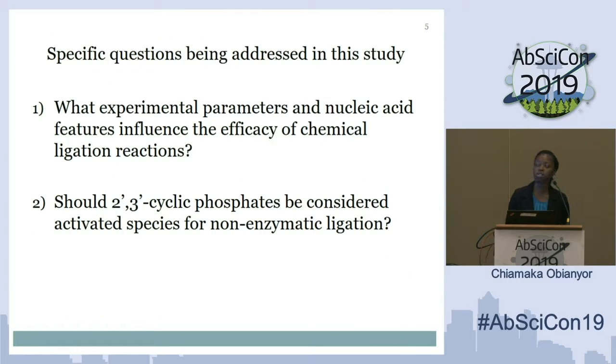This brings us to the two questions we're trying to answer in this study. The first one is, what parameters affect the efficacy of chemical ligation? And the second one is, how does your 2',3' cyclic phosphate actually enhance the rate of your chemical ligation?